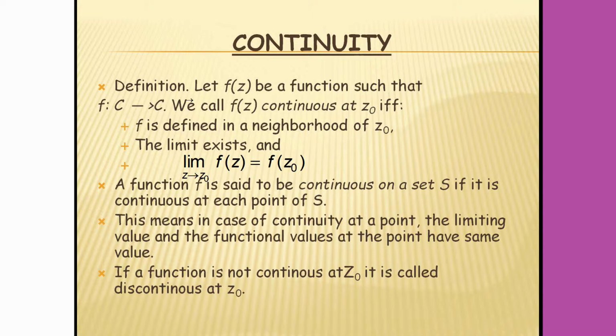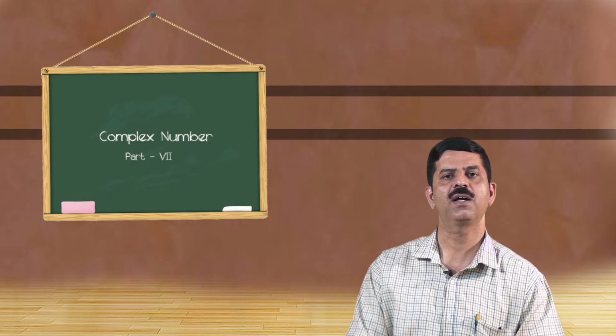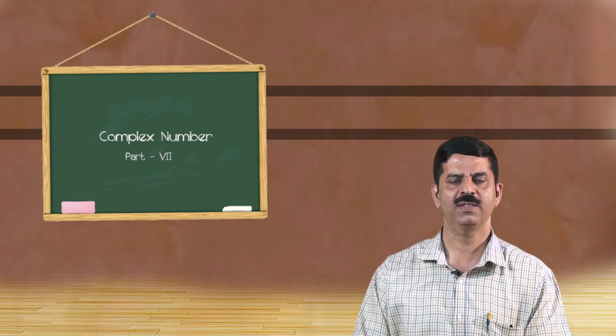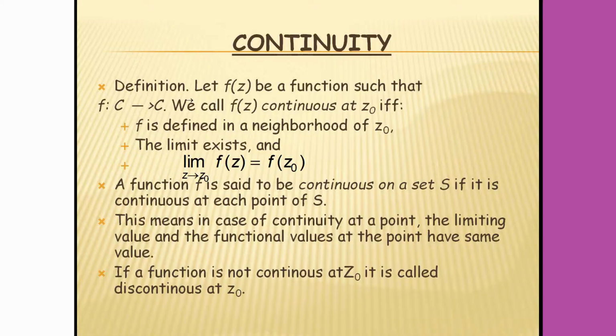In the same manner, in the set of complex numbers, we define continuity of a function f of z. A function defined from C to C is said to be continuous at a particular point z naught if and only if, first, the function value exists, meaning it is defined.